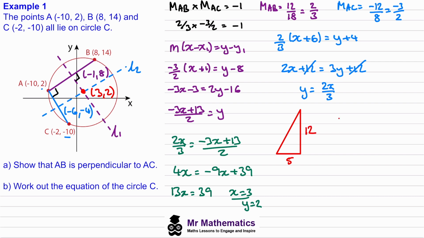So the radius will be 5 squared plus 12 squared square rooted, which gives us 13. So now we know the equation of a circle will be x minus 3 squared plus y minus 2 squared equals 13 squared, 169. Okay?